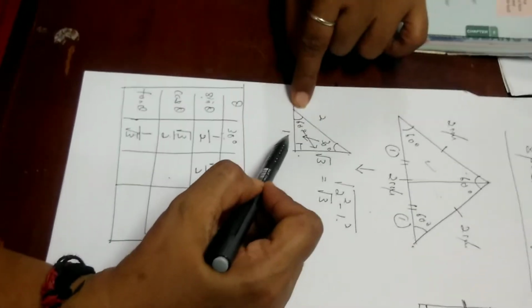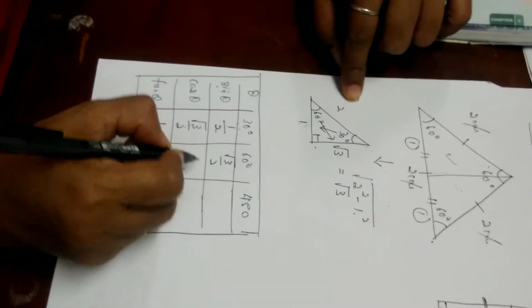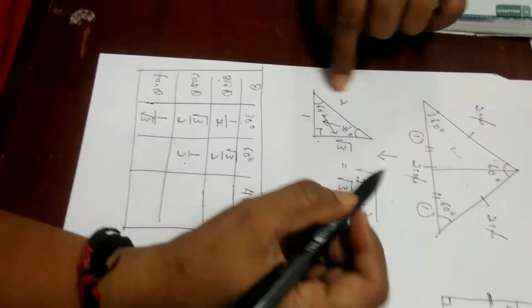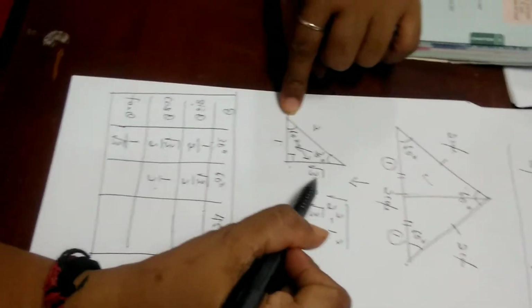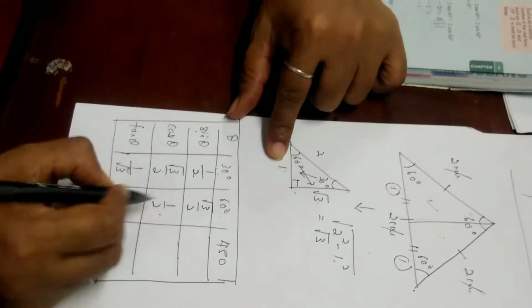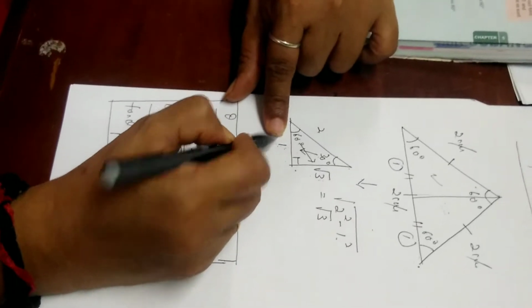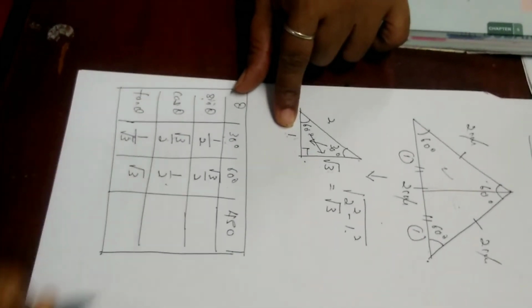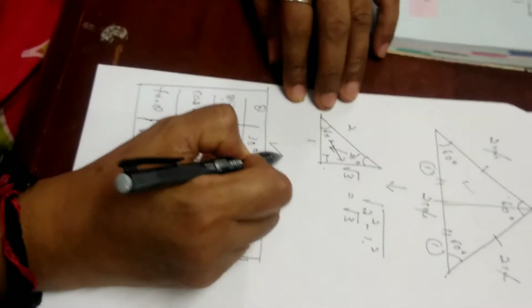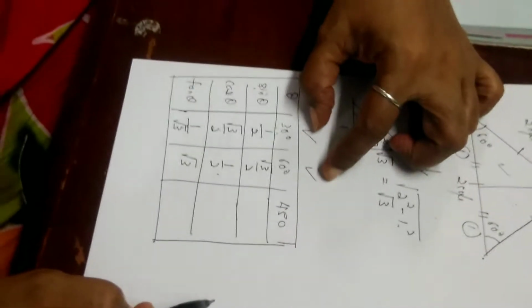Cos, adjacent over hypotenuse, 1 over 2. And tangent will be opposite over adjacent, square root of 3 over 1 becomes square root of 3. So I've got 30 and 60. These are my two special angles obtained from this triangle.